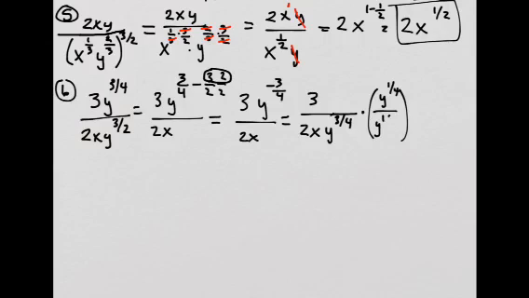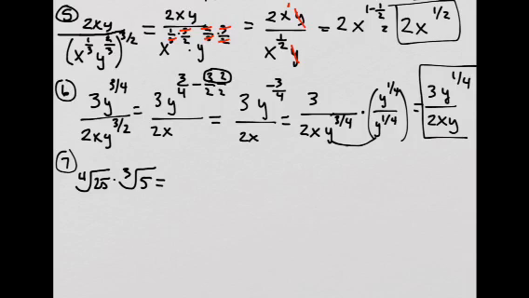And why is it y to the 1/4? Because when you combine these two, you get y to the first, right? 4 over 4 is 1. And so you end up with a whole number exponent for y in the denominator. So you have y to the 1/4 over 2xy. This would be the final answer.